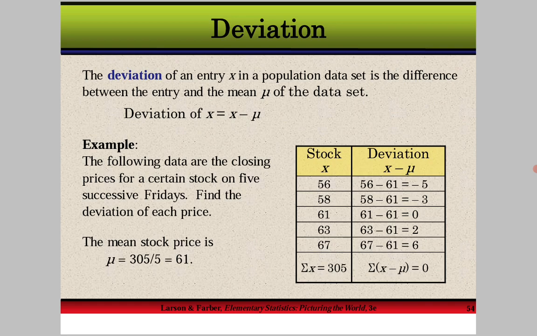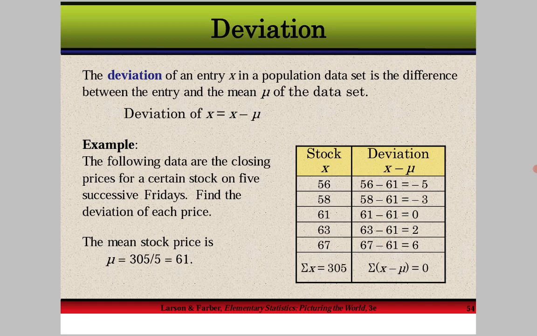So deviation of x is equal to capital X minus mu, where capital X is the data item and mu is the mean of the data.